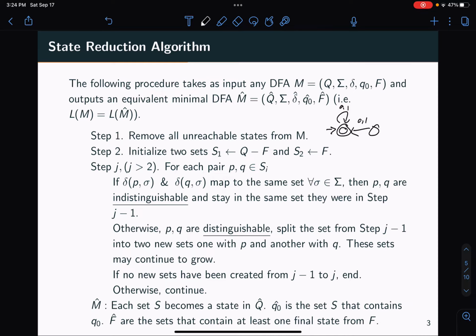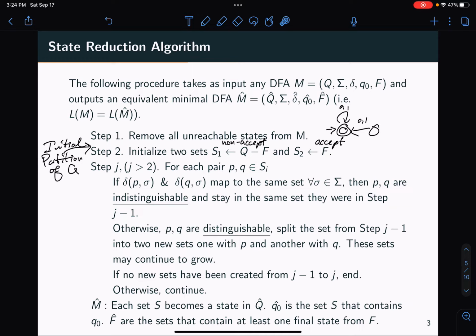So this step is going to be partitioning the initial partition of Q. So that partition is going to be all the non-accept states and all the accept states. And the idea is you want to keep partitioning these initial two sets such that you can no longer break them further. Okay, that's the idea of the algorithm.